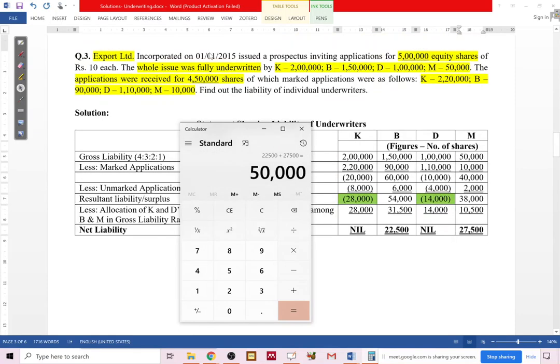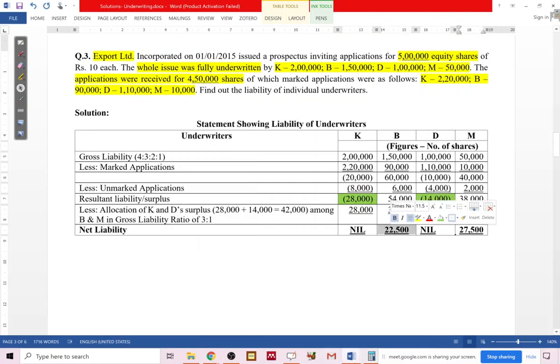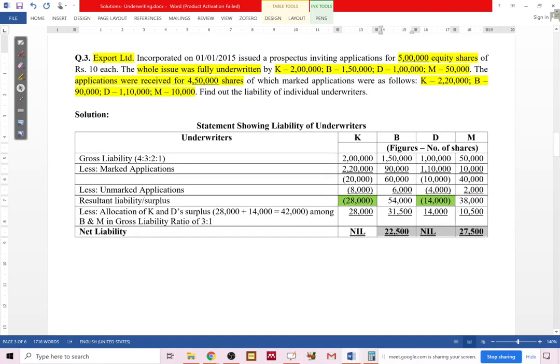So how much remained unsubscribed? 50,000. Correct, and that 50,000 is now being taken by these two underwriters. The others don't have liability.